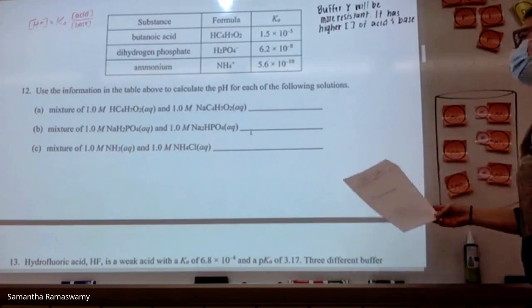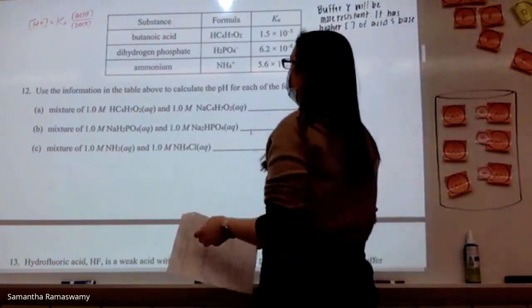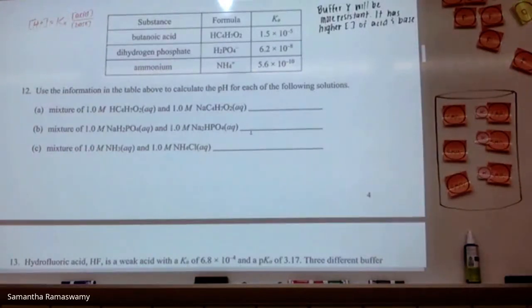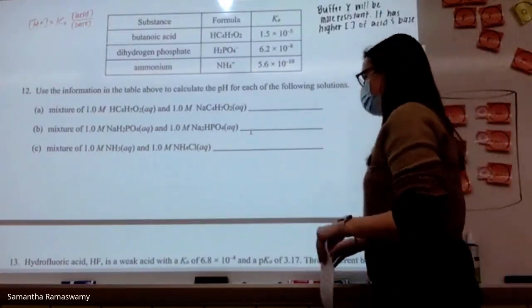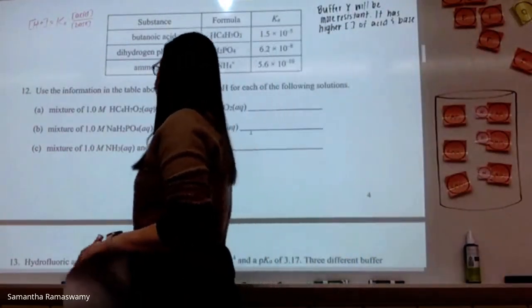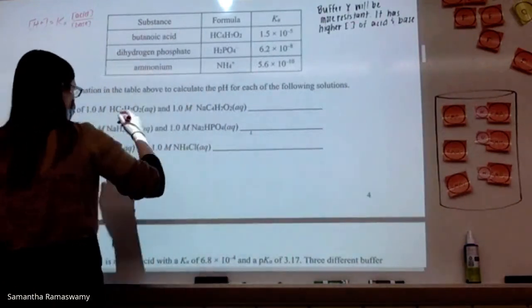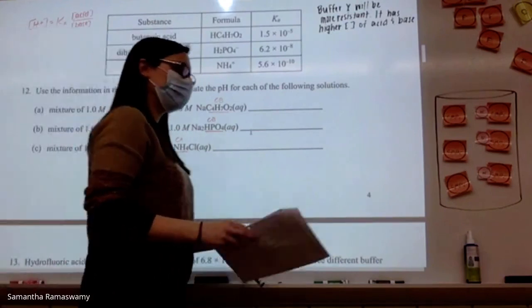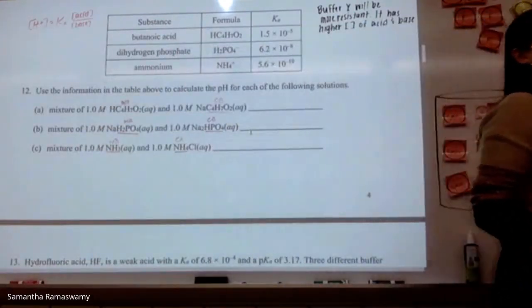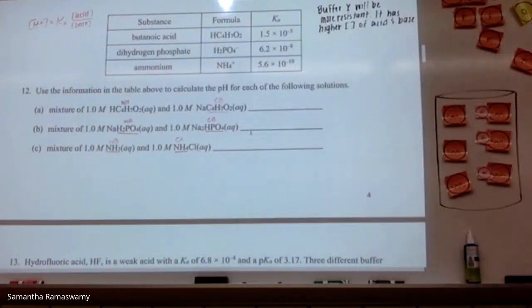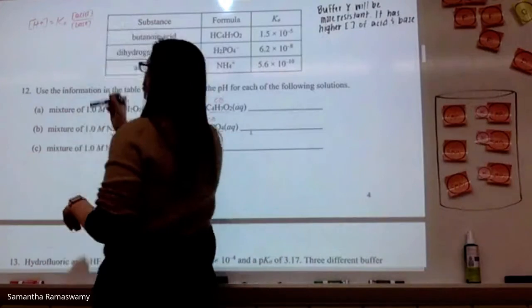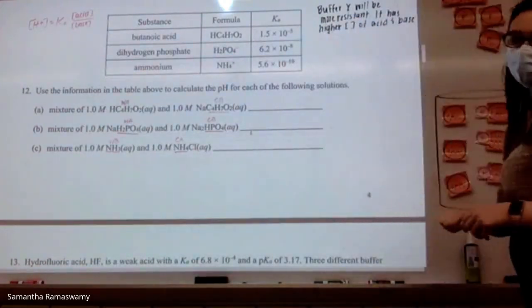Each and every one of these are buffers because it's an acid and its conjugate base or a base and its conjugate acid. You just have to figure out which part is which. I know part B looks a little weird because they both have sodium, but just ignore the sodium. Remember that the acid always has 1 more H plus. When you're thinking about what goes on the top, you're looking at the one that always has 1 more H plus.